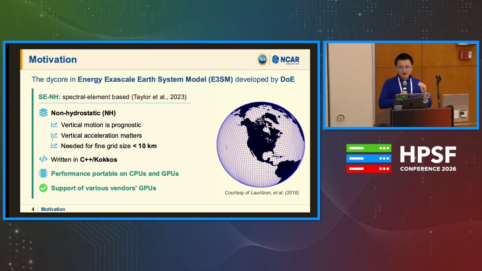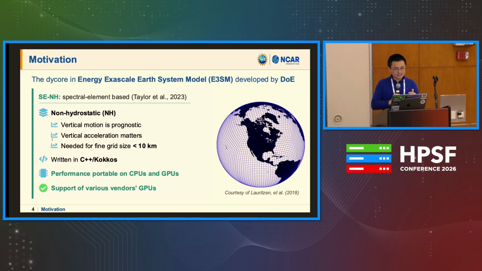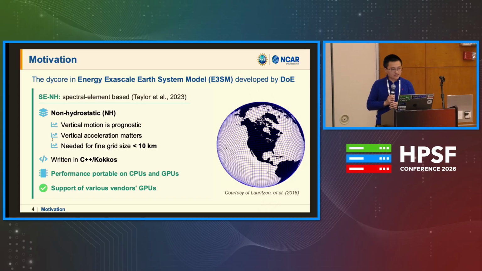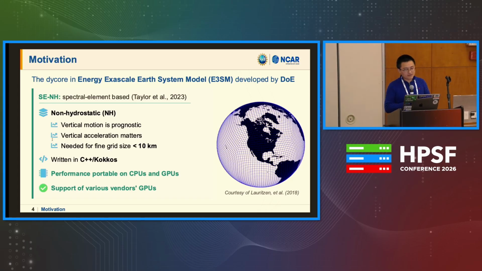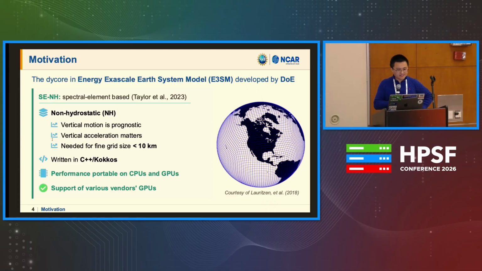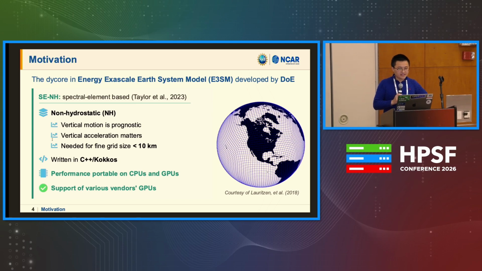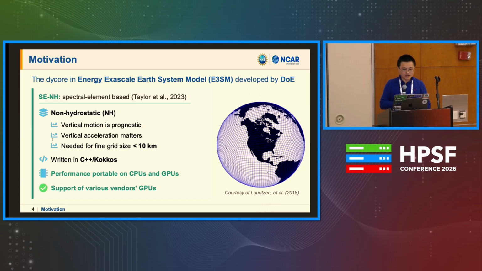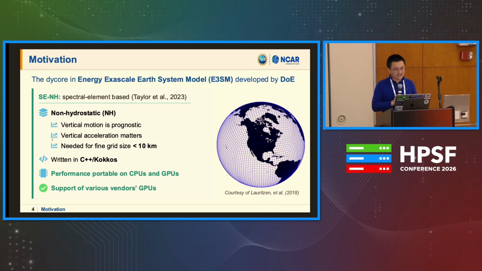So the dycore developed by DOE in their ESM Earth system model is also a spectral element-based method, but it's non-hydrostatic. That's why we call it SENH here. By saying non-hydrostatic, it means they explicitly calculate the vertical motion and vertical acceleration.